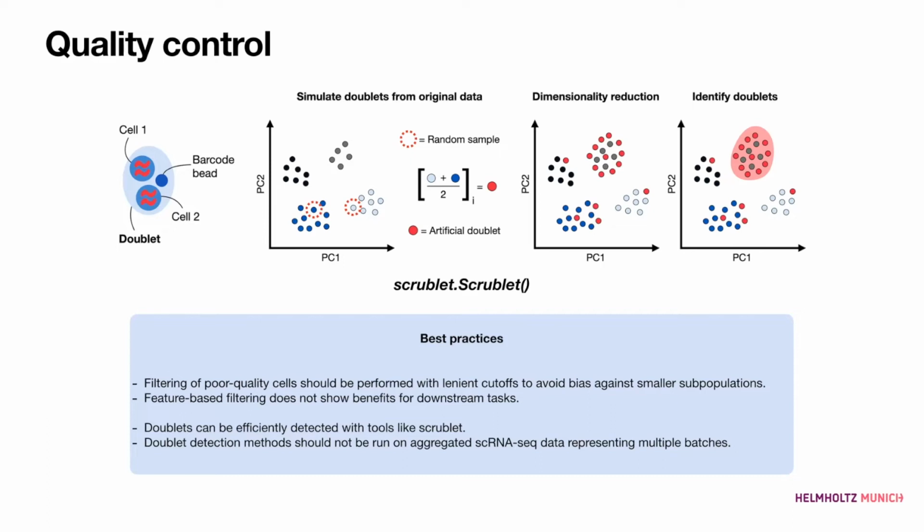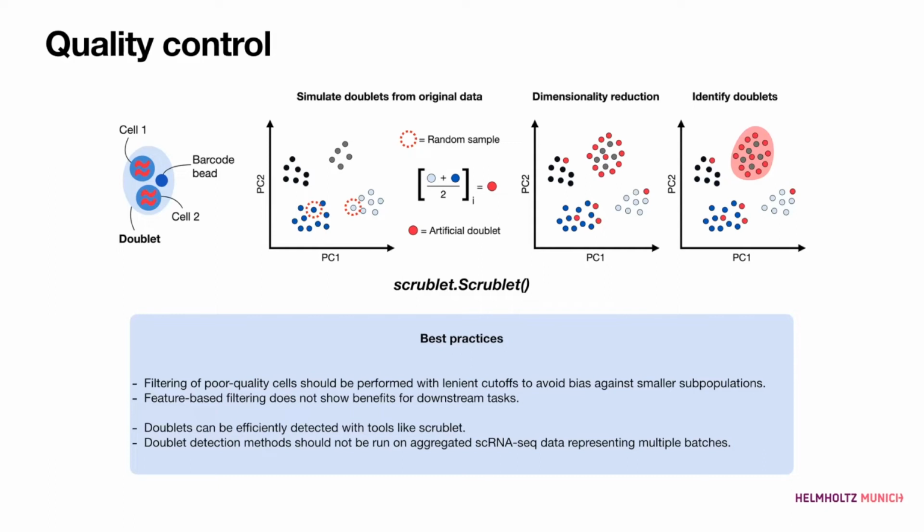One way to do this is to essentially simulate doublets from the data that you have. A doublet will show up as a cell that looks like one cell, but also looks like another cell, so it's a mixture of the two cells. And this is what you're simulating by, for example, using scRNA.